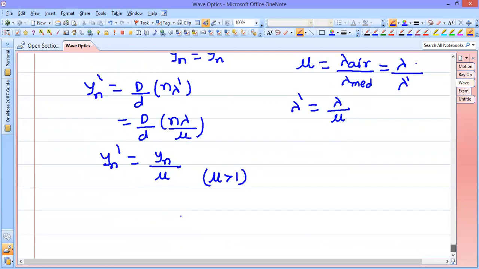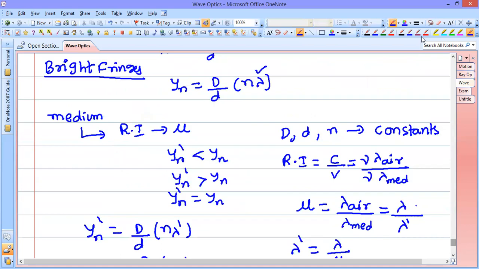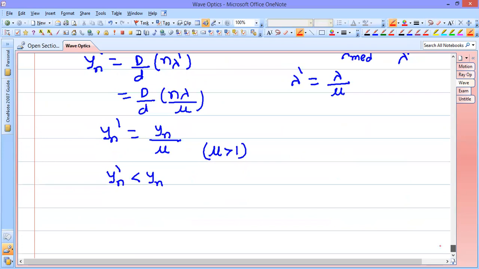So I can say that yn dash will always be less than yn. That means whenever we repeat the experiment from air to medium, the fringe width will decrease.